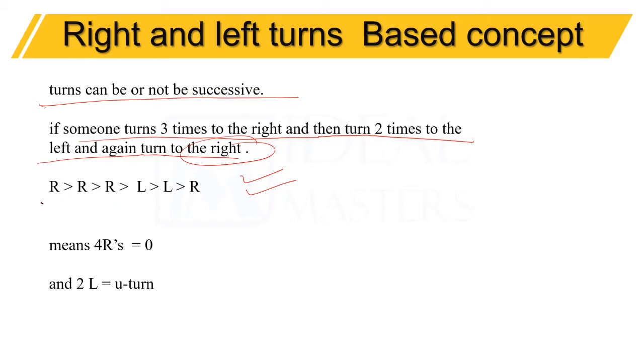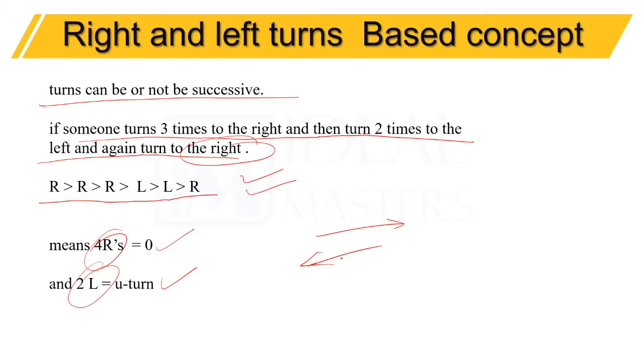We can write it like this: R, R, R, L, L, R. In this equation, we have 4R meaning right and 2L meaning left. 4R becomes 0, no impact, and 2 lefts become a U-turn. So whatever direction one is facing, the result would be the opposite direction.